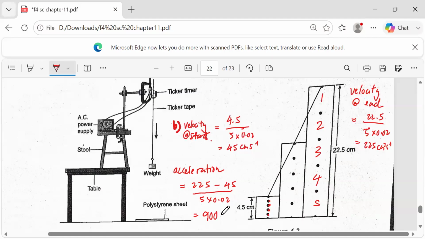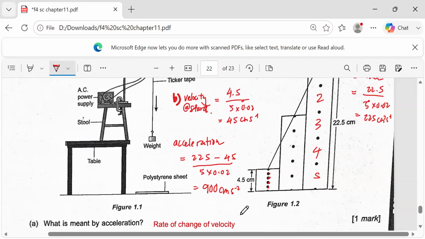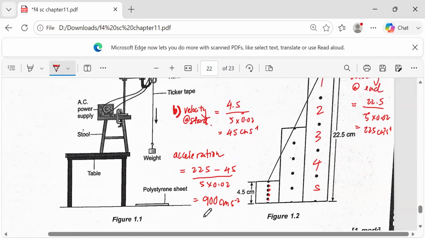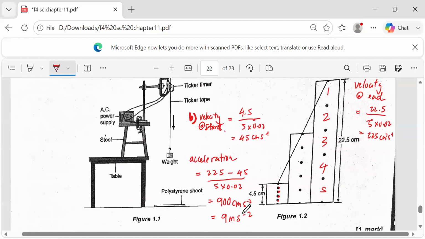So it's 900 centimeter per second per second. 900 centimeter, how many meter? Divide by how much? One meter is how many centimeter? 100, so divide by 100. So 9 meter per second per second.